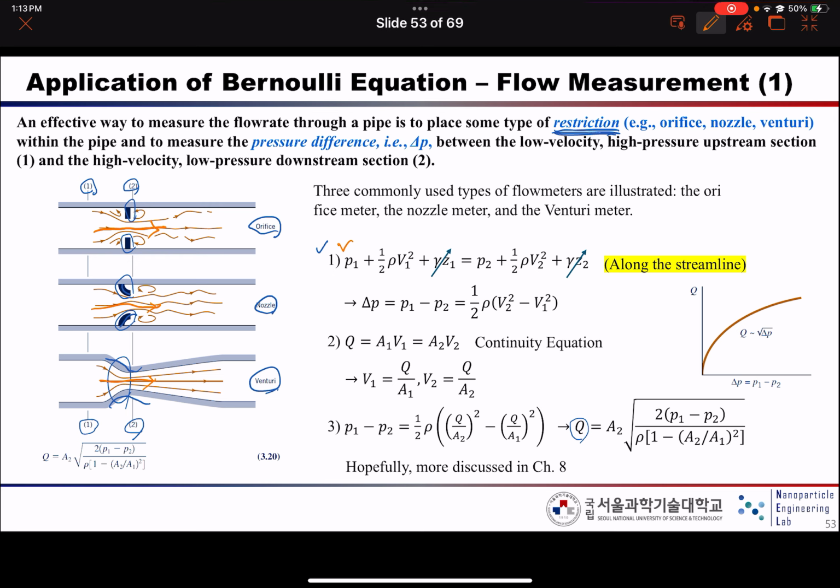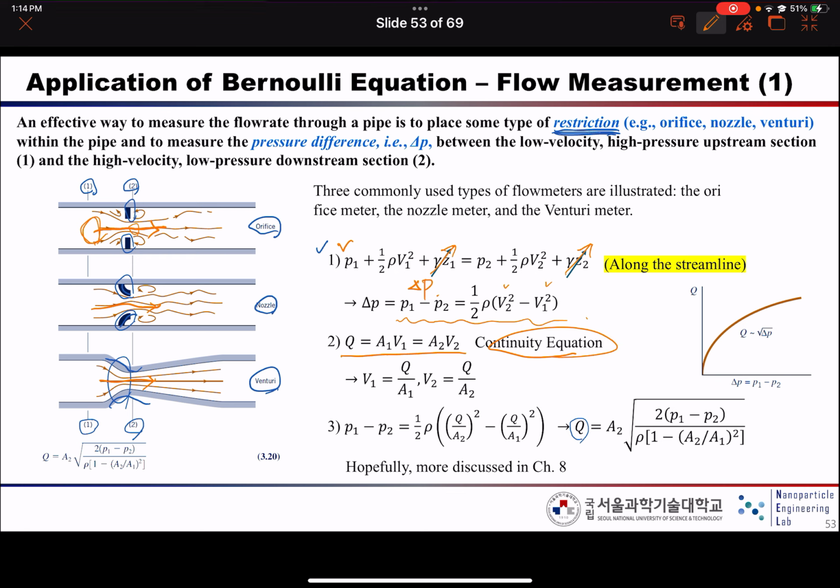Because there is no height difference, this term will be neglected, so you can write the differential pressure as a function of the different velocity, right? And also at 1 and 2 it has a different diameter, which means a different area. So we can also use the continuity equation as well.